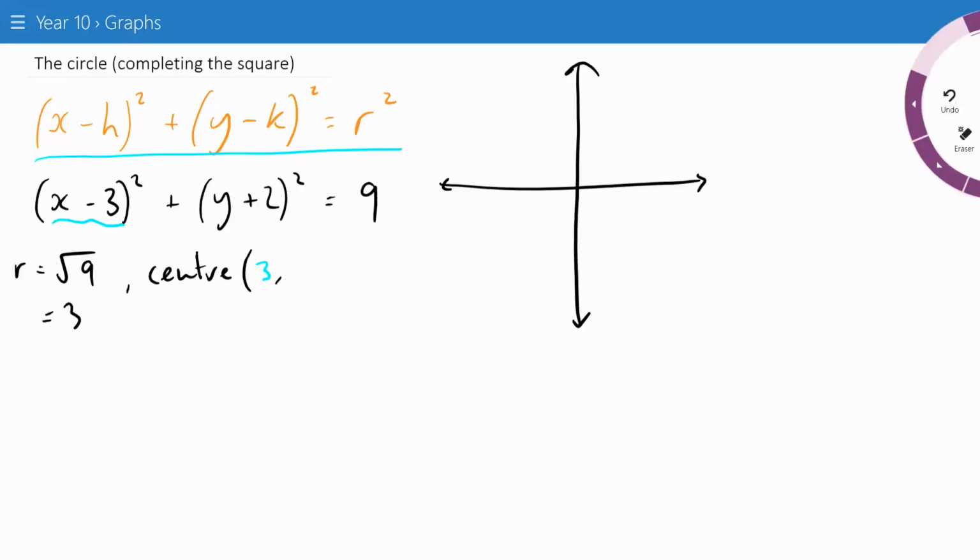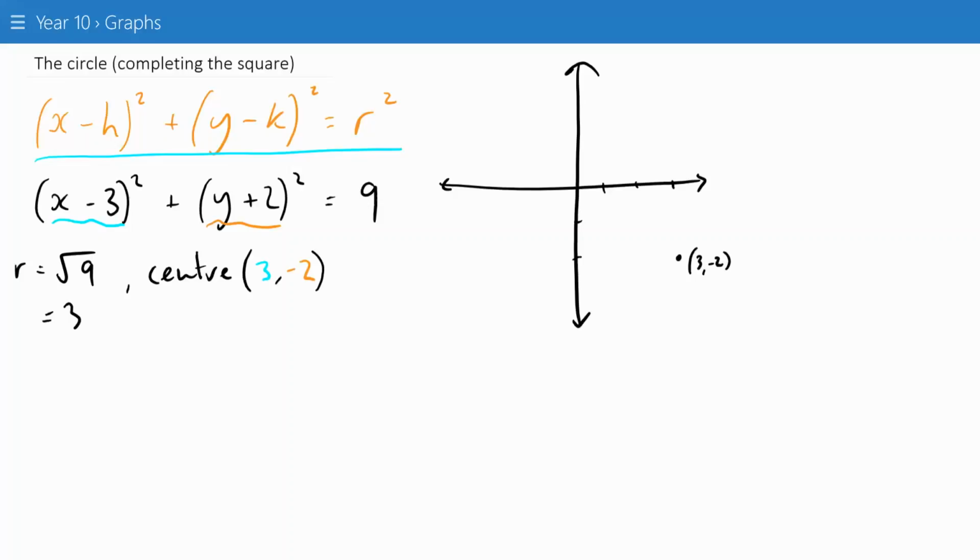Looking at the y-coordinate of the center, what plus 2 gives us 0? Minus 2. Plus 2 gives us 0. So here, 1, 2, 3, down 1, 2. So here would be our center of 3, minus 2.